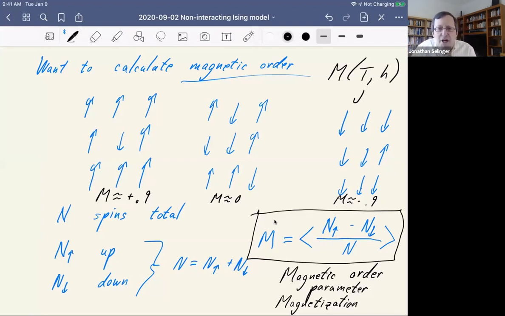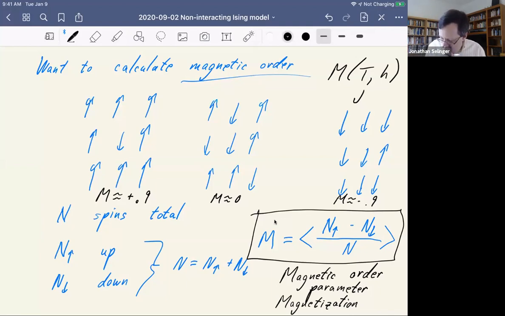Now, in a typical experiment, you can't change J. In a typical experiment, the interaction between different sites depends on what kind of material you're working with. That sort of thing is hard for an experimenter to change, right? Whereas temperature and magnetic field, those things are easy for an experimenter to change.